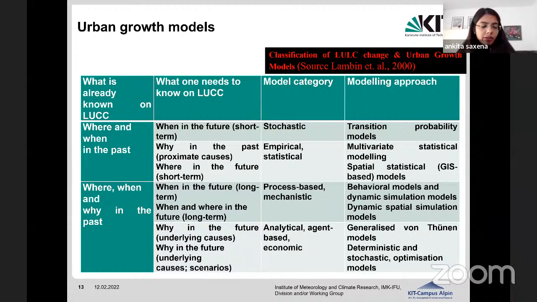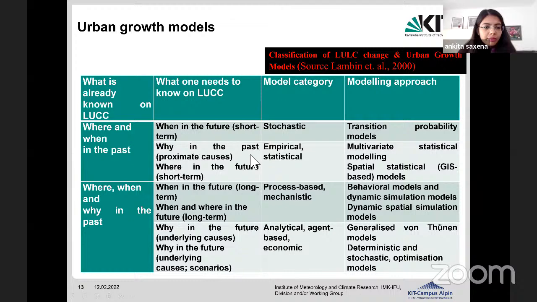If we have information about where and when in the past urbanization has taken place, and we want to analyze when in the future, for short term, stochastic and transition probability models are good, which give you some probabilistic idea, because for short term probabilistic ideas are okay, and it's easy to handle in a probabilistic form.